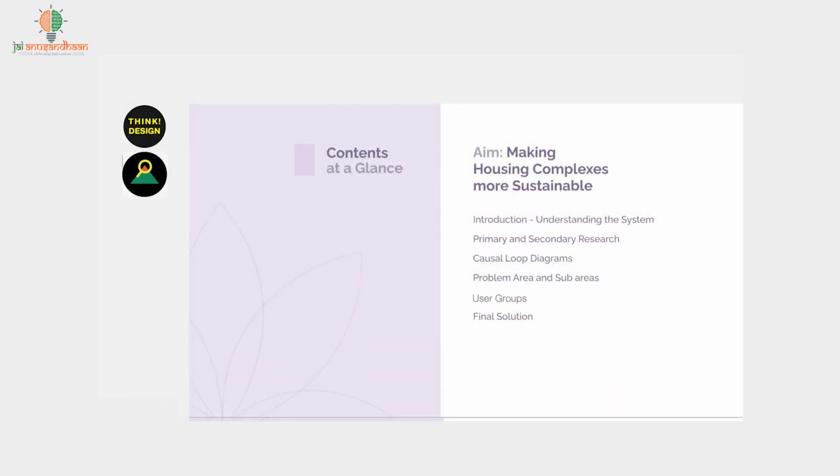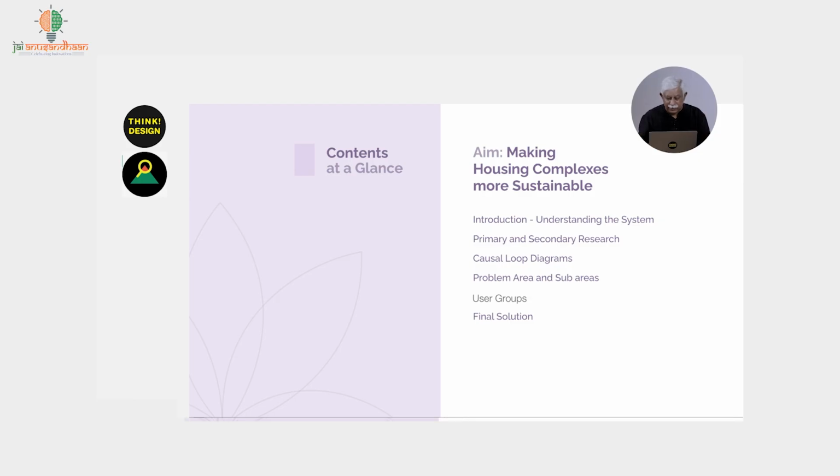If you look at the contents of what they did, it started with introduction, understanding the system, primary and secondary research, did lot of mappings, out of which causal loop diagrams was one of them. They looked at problem area and its sub problem areas. They also looked at different user groups and then they thought of the final solution.